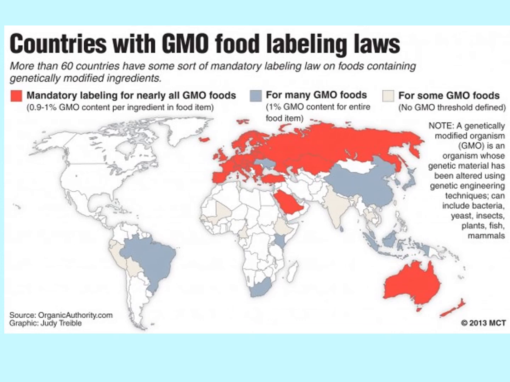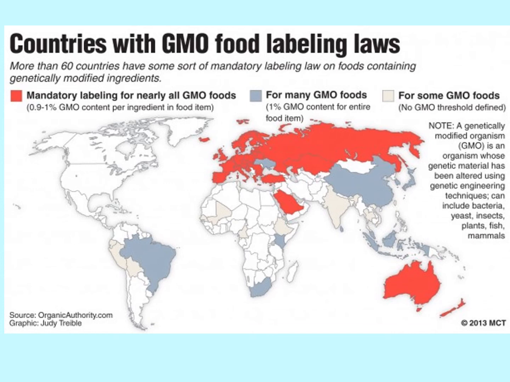And that is any food that has anywhere from 0.9 to 1% genetically modified content per ingredient in the food item. So there's basically two ways in which you could decide what needs labeling. So do you need to label by the ingredient, which is what these countries in red do, and with a very low threshold? Or do you label for the entire food item, which is what those countries in gray are doing? And so for them, if it has 1% genetically modified content for the entire food item, it must be labeled.